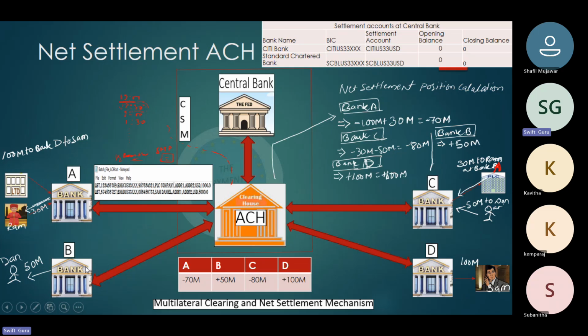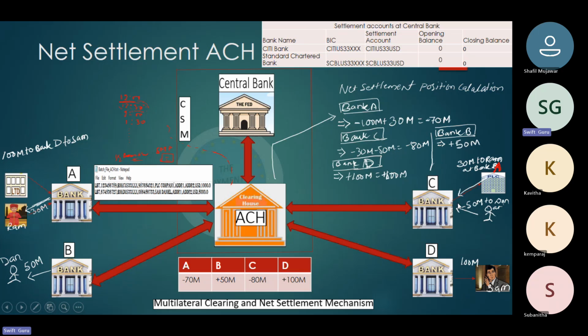Similarly, from bank B's point of view, there was no outward request for that batch interval. So they received only inward requests, and they settled down to the beneficiary customer. So bank B needs to be paid off by this clearing and settlement mechanism with 50 million. That's why they're in a plus 50 million. Similarly, bank C, there was no inward transaction.